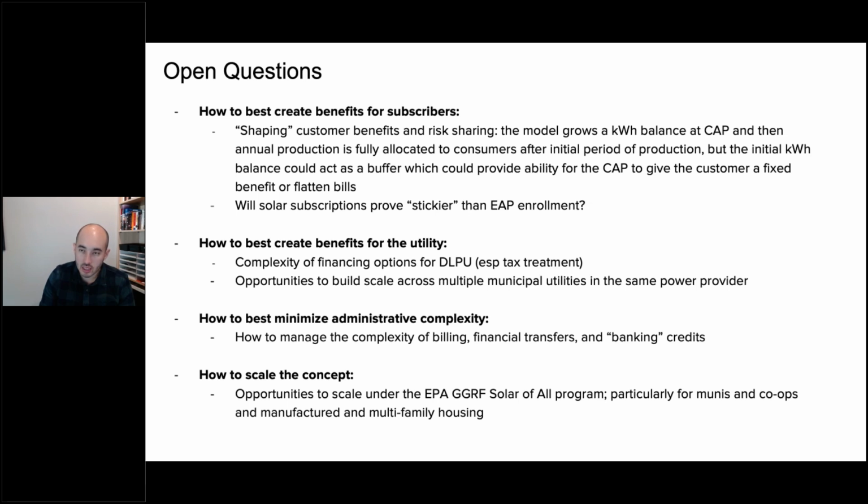So I think first is, one of the things that we've learned by studying some of the real world bills is that providing an equal monthly benefit to energy assistance households might not always be the best for those households.